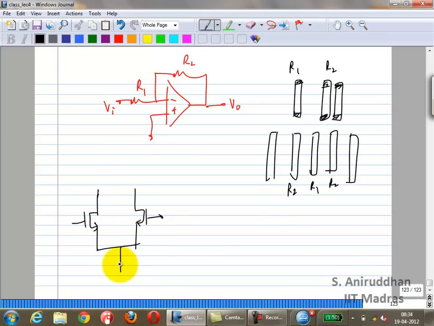How would you lay it out? How would you lay this out if you want to have very good matching? So of course, the brute force way is to do this. So let us say you do multiple fingers.